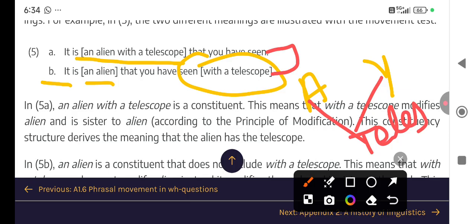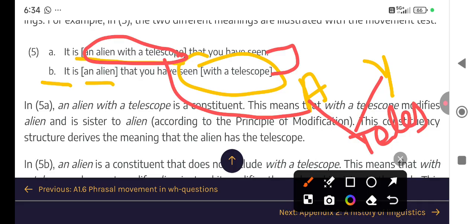You can make a tree diagram this way: an alien with a telescope here, where the telescope is in the alien's hands, and here an alien that you have seen with a telescope.